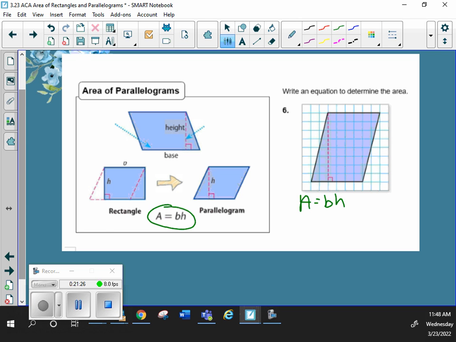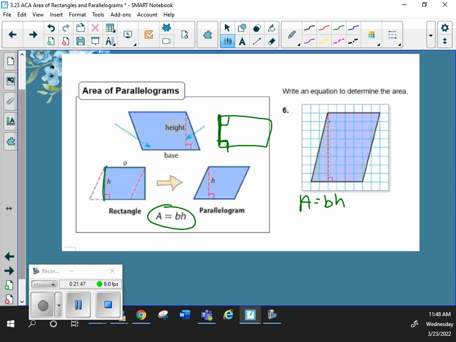Absolutely. So again, for the base and the height, something that has to be true, and you see it over here in a rectangle, what was the unique thing about a rectangle? They have parallel sides, but then it has right angles. Okay, that height has to make a right angle.